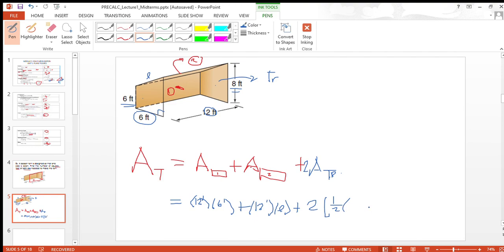So what's one base? 6 feet plus the other base, that's 8 feet, multiplied by the height, which is 6 feet. Okay, there you go. So we can already compute the value of this. We already have the value of this ready to be computed. So what's missing? This is missing.